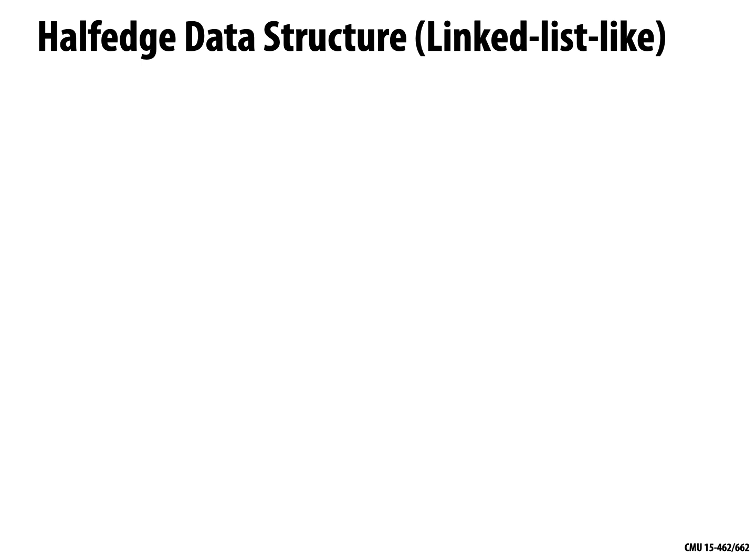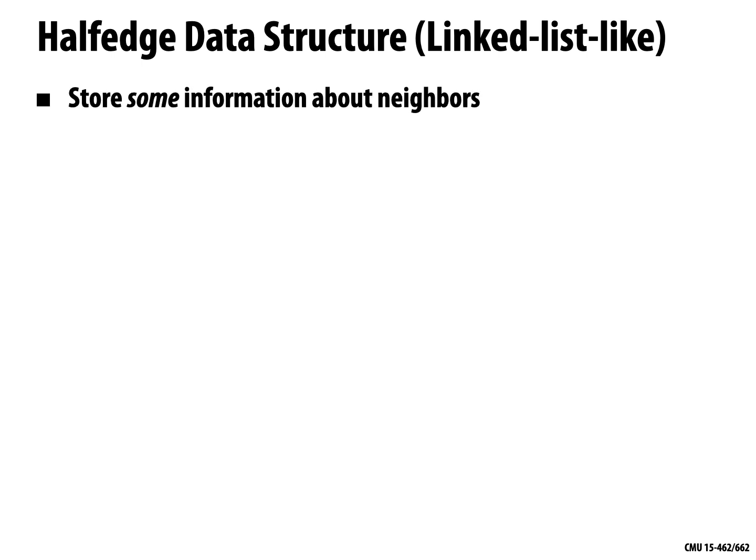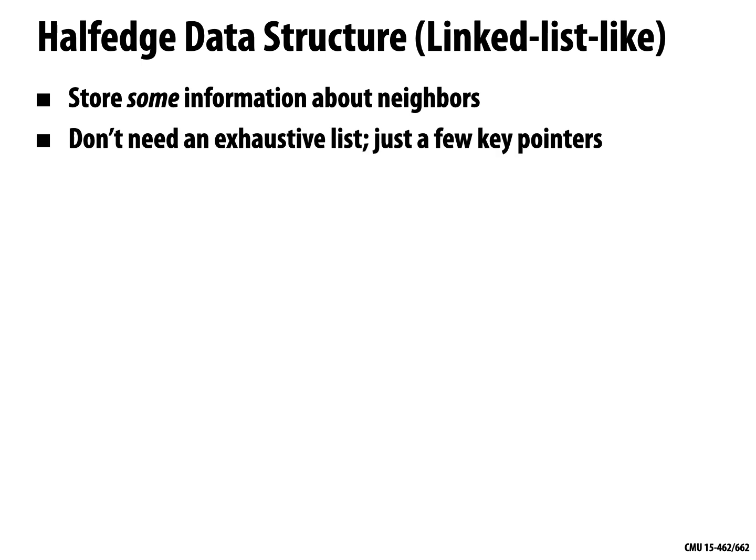This is also, by the way, the data structure we're going to use for most of the rest of the class. The basic idea of Halfedge is to store just some information about our neighbors. Unlike the incidence matrices, we're not going to have an exhaustive list of connectivity. We're just going to have a few key pointers, the minimal set of pointers that we can then chase around to figure out everything else we want to know about the mesh.